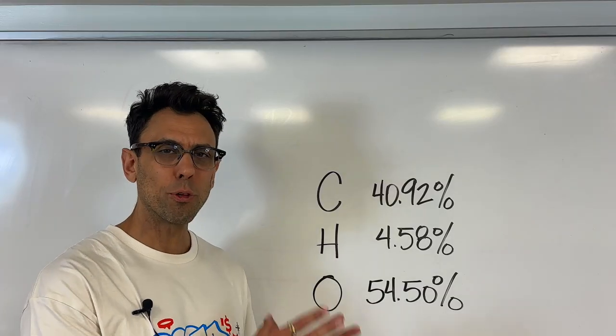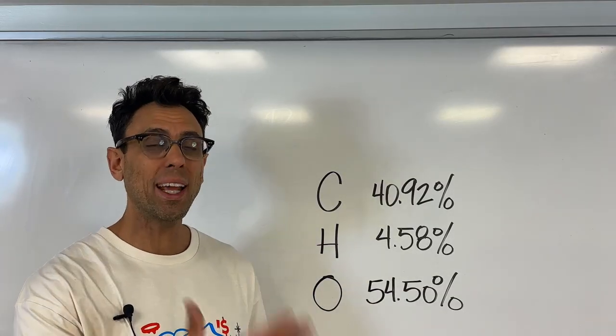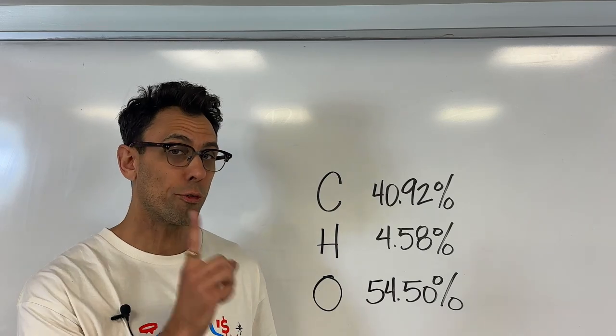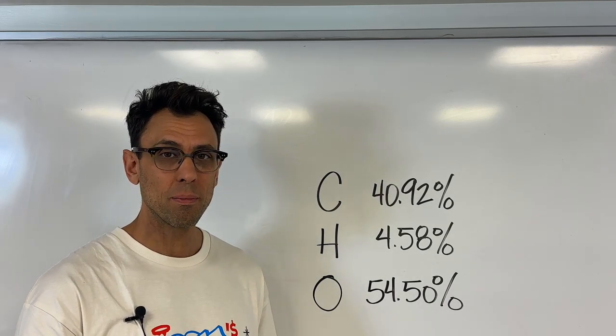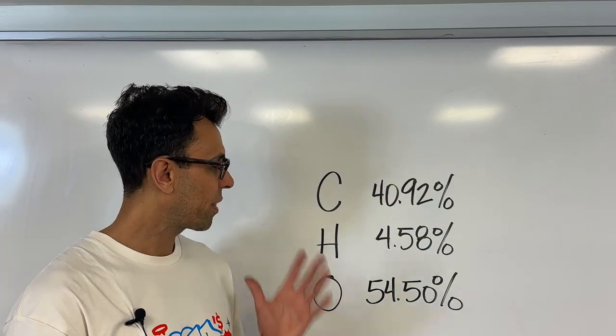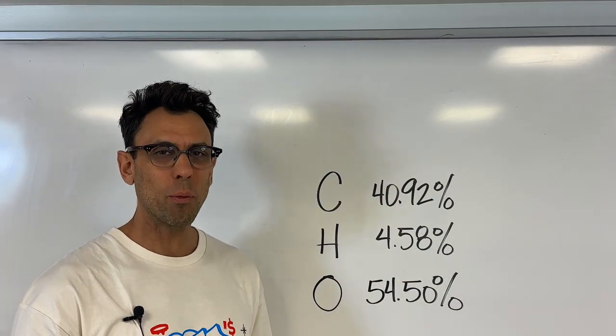How can we go from those percentages and the identity of the atoms to finally getting to a molecular formula? Well, first, we would figure out what the empirical formula is. So let's take this example, these elements in this percent composition, and show you exactly how we do that.